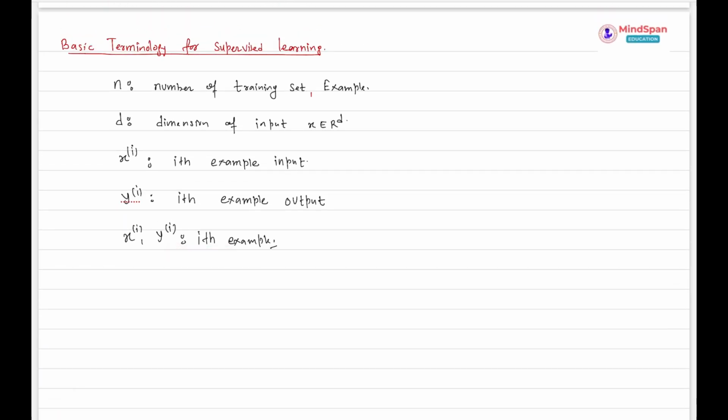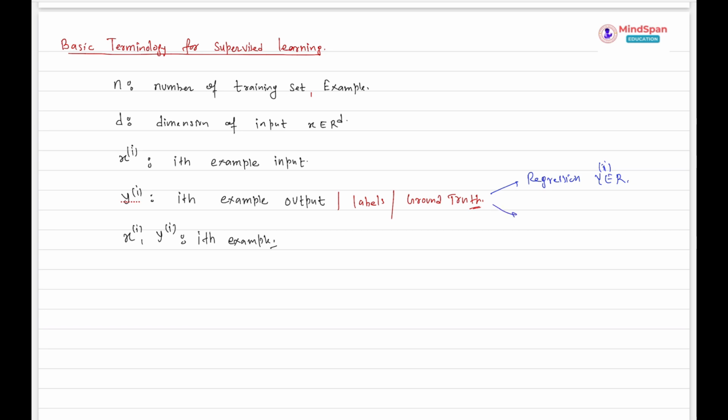Right? And one more point to note here, this yi, sometimes we call it the output, labels or the ground truth, right? And in case of regression, this y will take any real value, right?